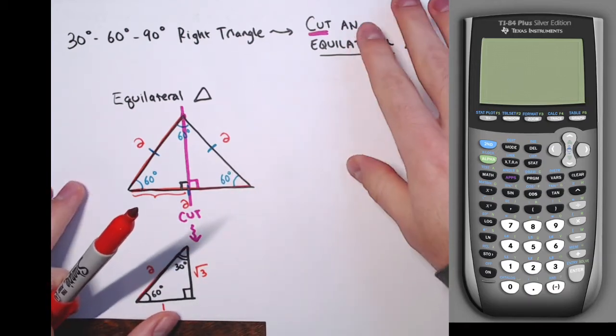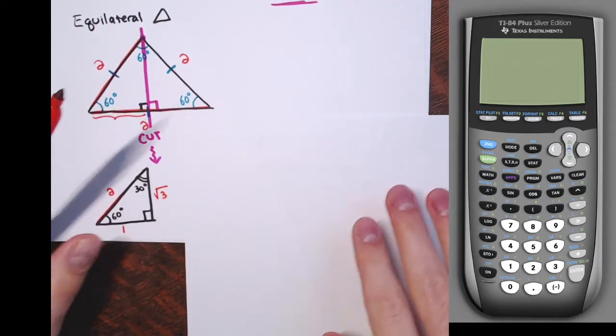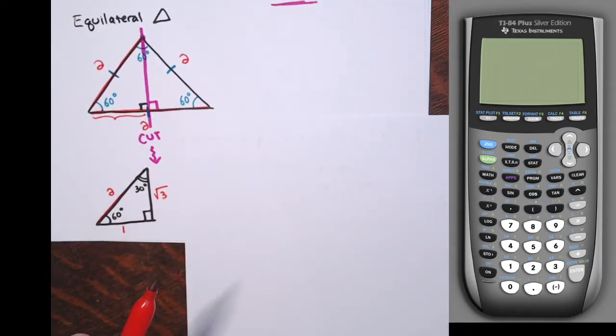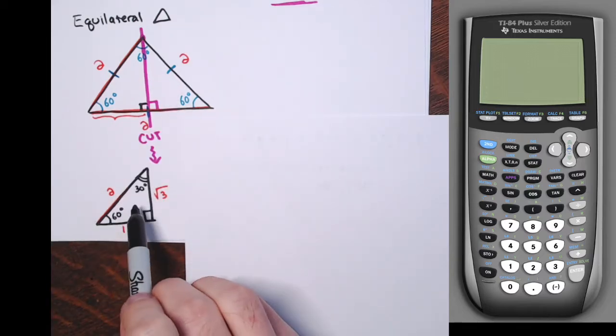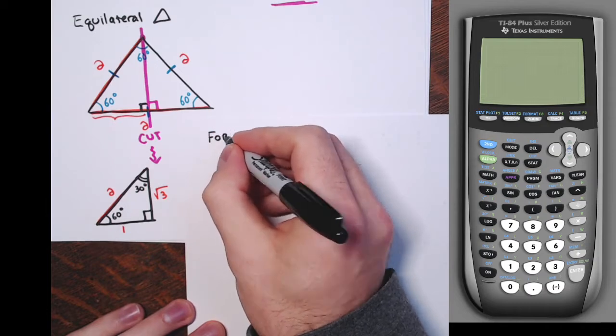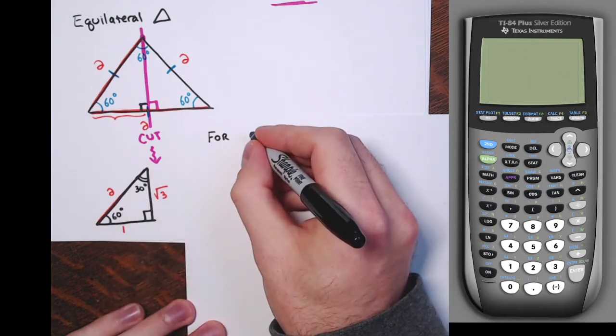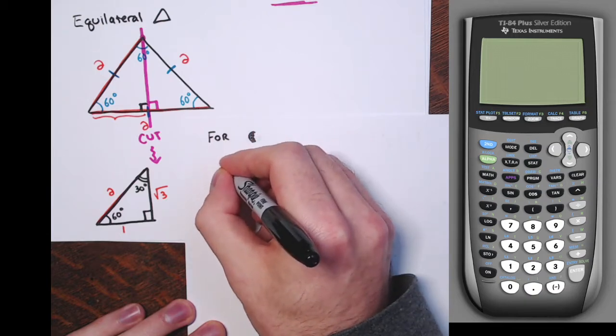All right, so I'll do that over here. Let's take a look at this triangle. Forget the equilateral triangle right now. Now I'm focusing on this right triangle, and let's focus on the 30-degree angle.